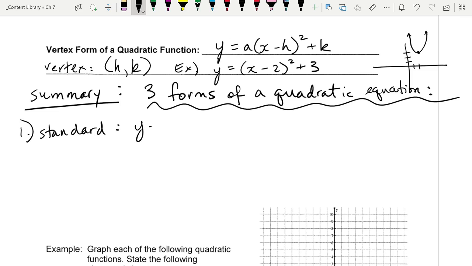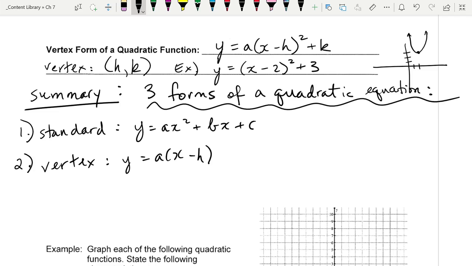And notice once again, it has a. And the one we just talked about, which we did second, was vertex form, which is this guy. And now, in the first part of this lesson, our third form is what we call factored form, which looks like this.